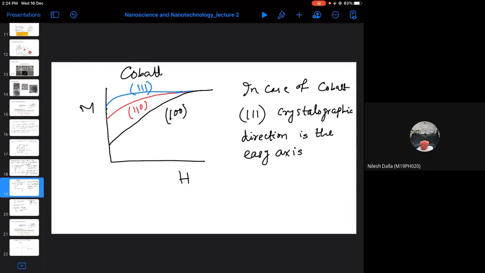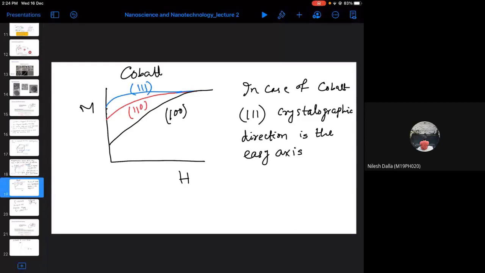So your magnetocrystalline anisotropy will tend to align the magnetization of your crystal along the 111 axis in cobalt, but in iron it will be along the 100 axis. So that means it always costs a certain amount of energy if your magnetization deviates from your anisotropy axis, because the preferred orientation of magnetization is along the anisotropy axis.